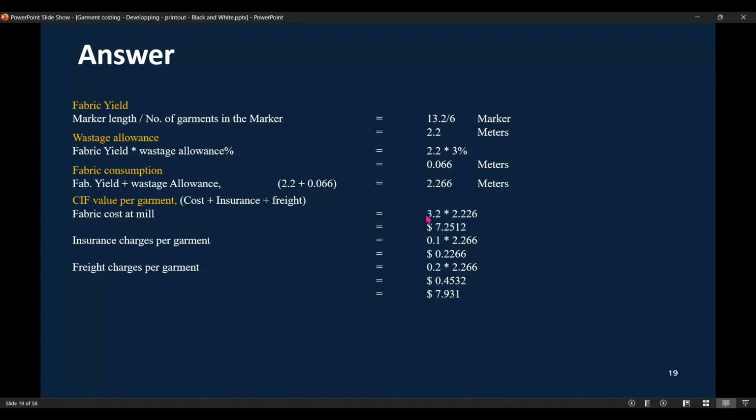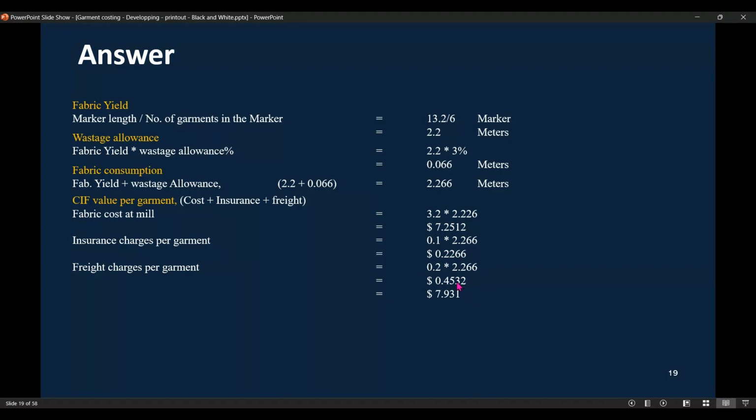And the CIF value per garment: cost insurance freight into fabric required. Fabric price 3.2 into 2.266 is equal to $7.2512. And 0.1 into this fabric required quantity will be $0.2266. That is insurance.